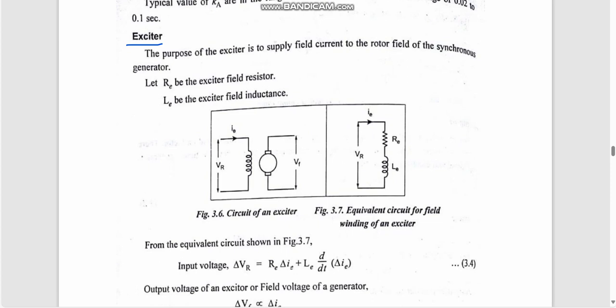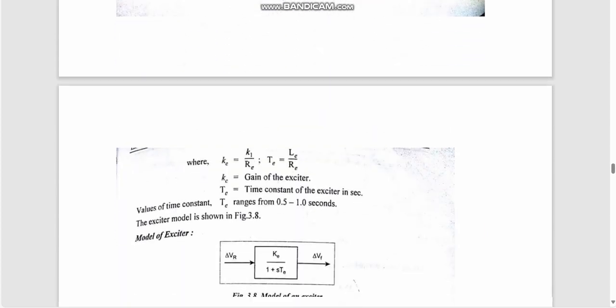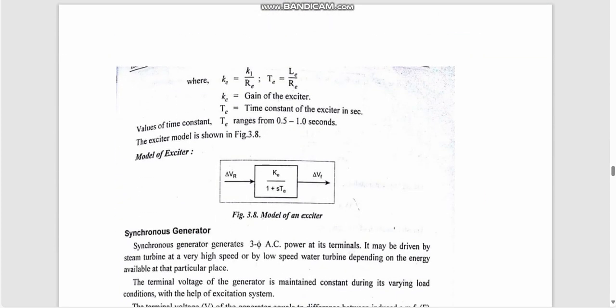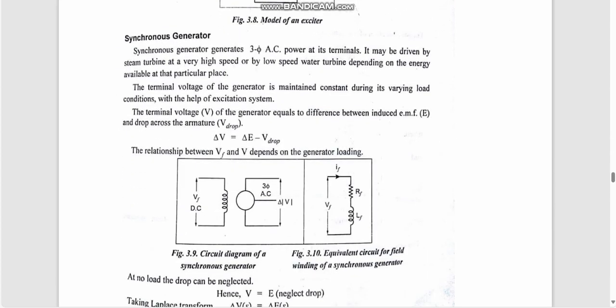For that, you have to draw the exciter model. This is the equivalent circuit of our exciter. Then we use Kirchhoff's voltage law, write the equation, and simplify it to get the model for the exciter. If you write this equation correctly, you will get another 2 marks. Totally 6 marks over.